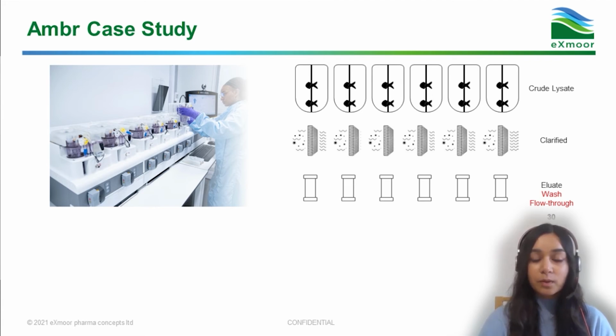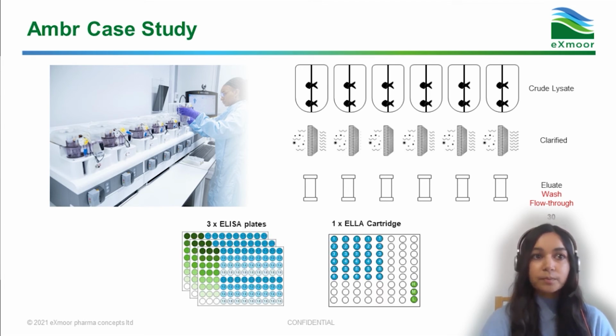So, with this sort of experiment, we typically generate around 30 samples, and you can see where these samples are generated across the workflow on the slide. So to analyze these samples on the ELISA, we would have to run multiple plates. And in fact, you can see there that we'd have to run 3 ELISA plates.